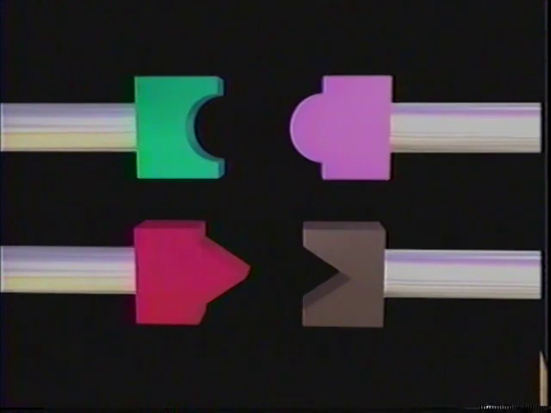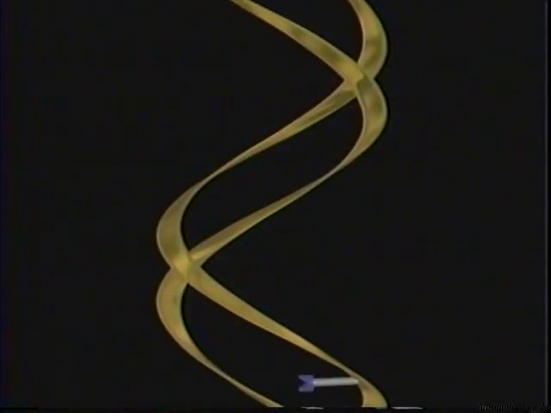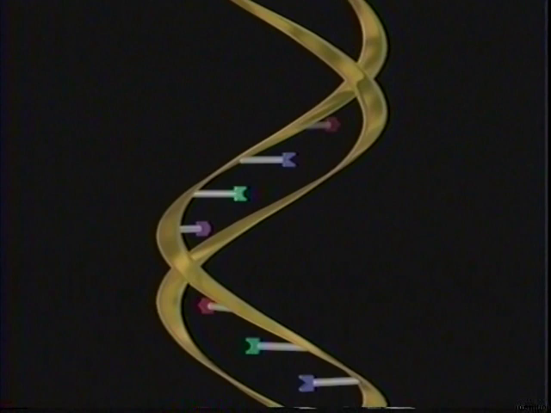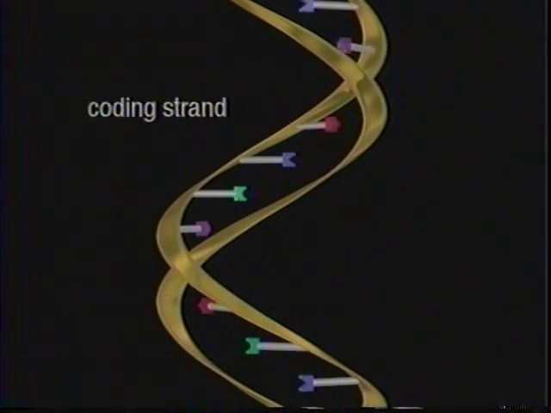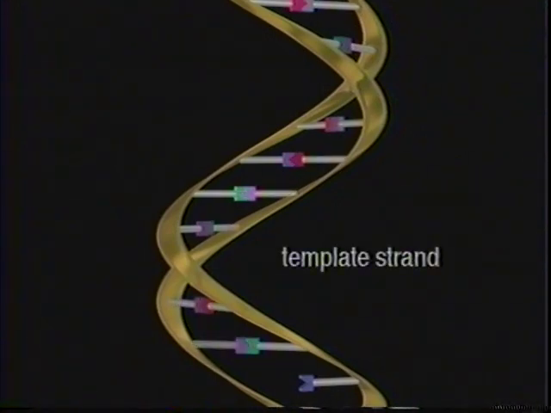Bases from one strand form hydrogen bonds with the bases in the opposite strand, forming the steps of the DNA ladder. The two DNA strands are complementary.